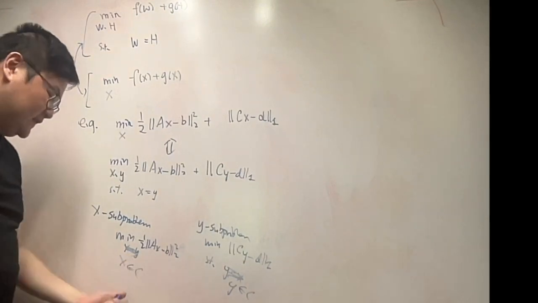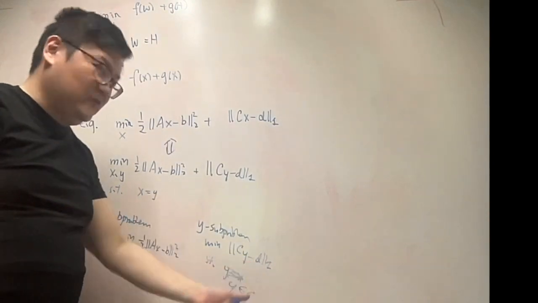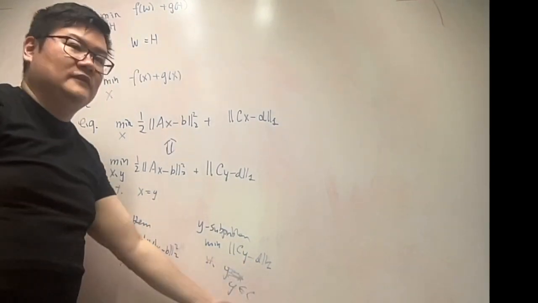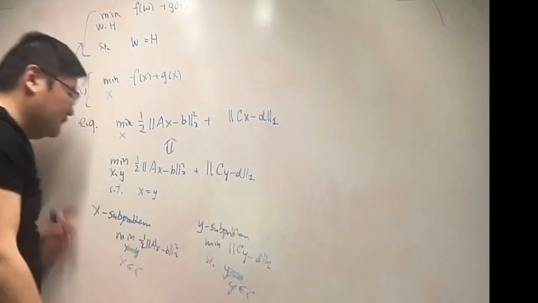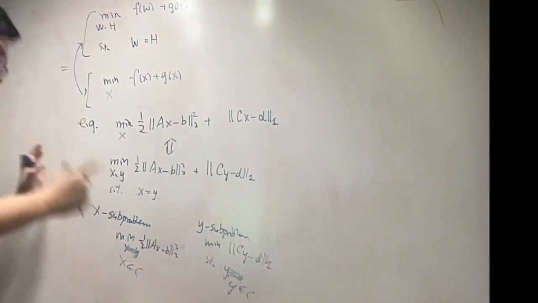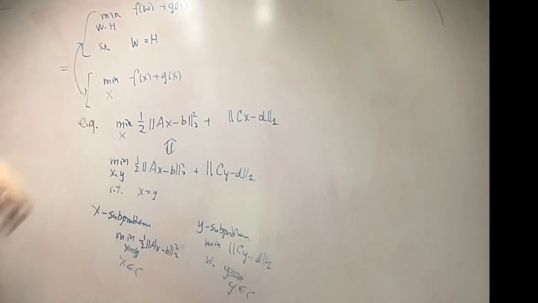Projected gradient descent on this, and then project onto this. Again, gradient descent, this is not differentiable, so you have to do subgradient, and then you project on this. So this is the same thing, and then you update this, bounce back and forth, then you will solve this problem. This may be easier than you update directly on this guy. Okay, so this is the trick. Again, today what I'm talking about.